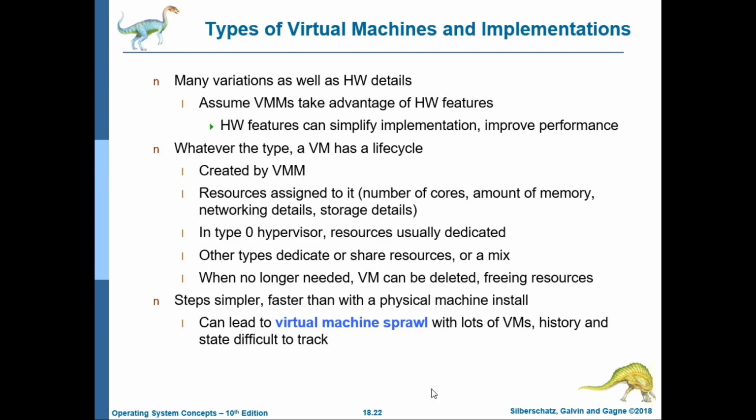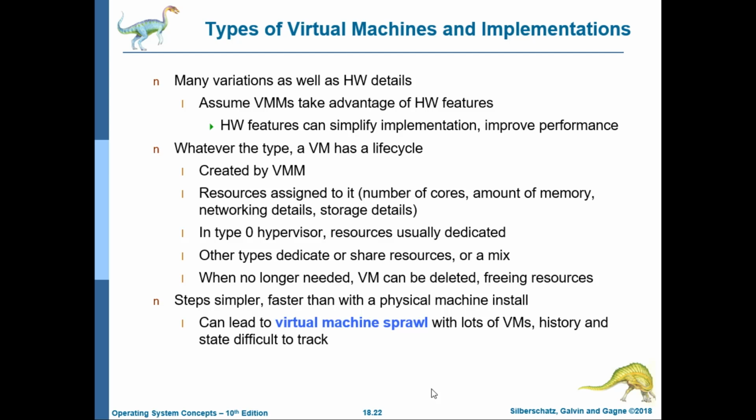Next, resources are assigned to it, which can be a number of cores, amount of memory, networking details, and storage details. For type 0 hypervisors, resources are usually dedicated because the virtual machine manager is already inside the hardware or the firmware. Other types dedicate or share resources, or a mix.